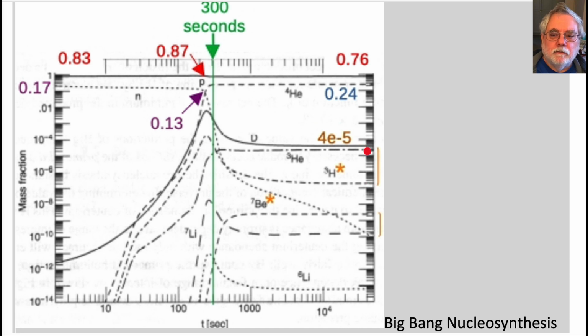Deuterium and helium 3 are stable and exist in the universe today, but the hydrogen 3 decays to helium 3 with a half-life of about 12 years. So all of that initial hydrogen 3, tritium, was gone long ago.